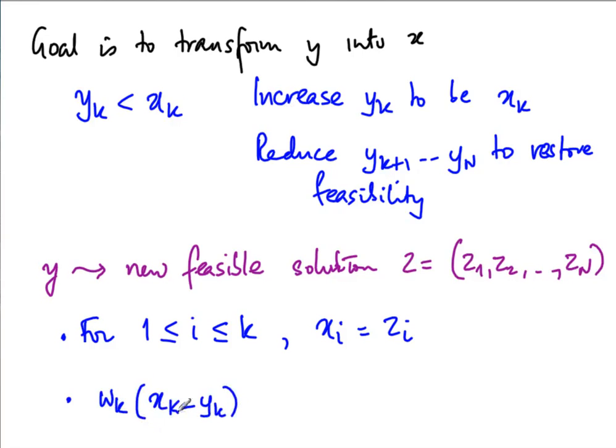This was the amount that we increased the weight in the kth component of y, and this was compensated by reducing the weight in the other components. The weight decreased in each of the other components is the sum from k plus 1 to n of wi times yi minus zi, where yi was the old weight and zi is the new smaller weight. If you add up this whole thing from k plus 1 to n, it must equal the amount that you added at the kth coordinate.